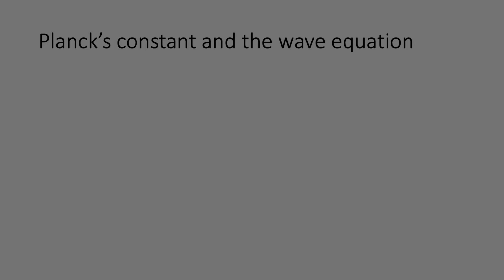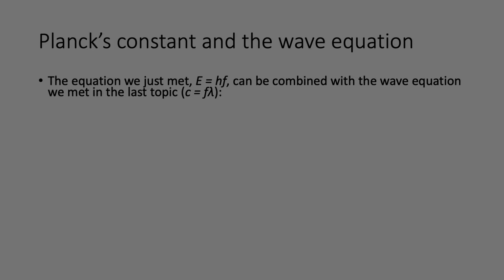So we can relate this equation that we've just had, E equals hf, to the wave equation, where the speed of an electromagnetic wave is related to its frequency and its wavelength. So substituting into E equals hf for frequency, we get E equals hc over lambda.